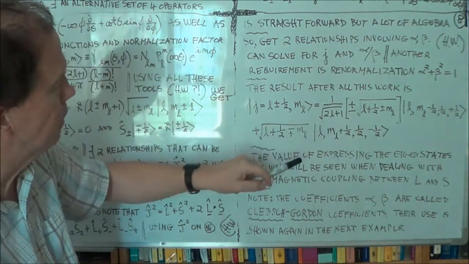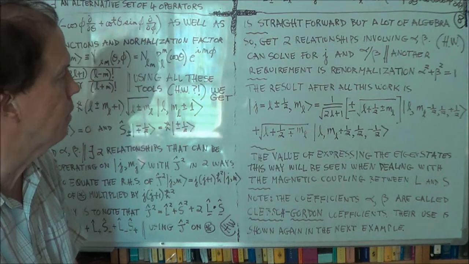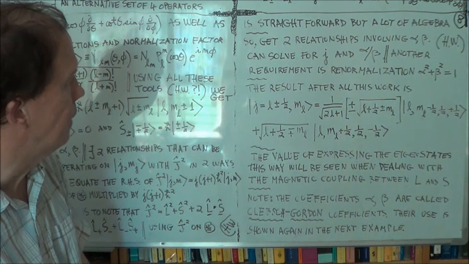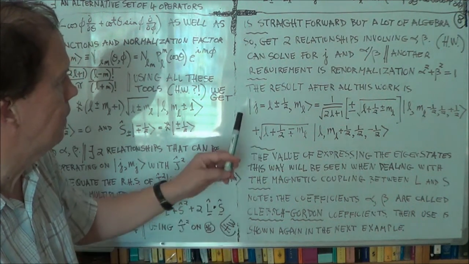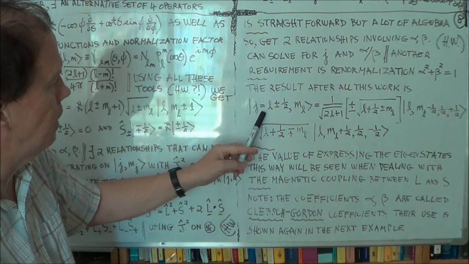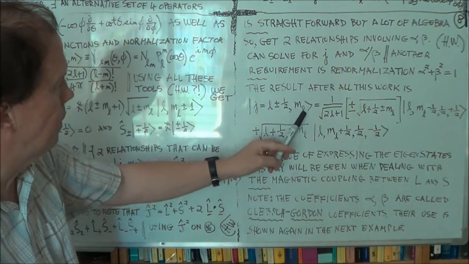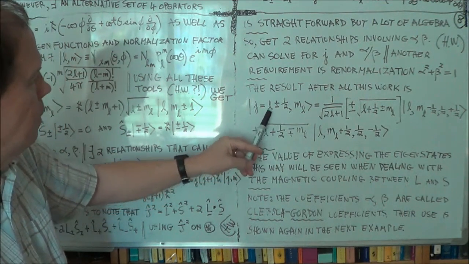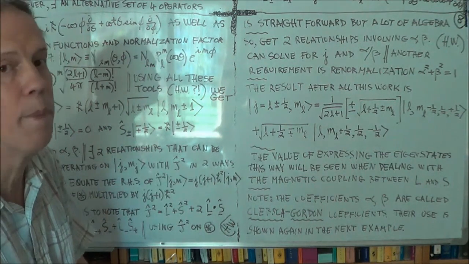Now we have terms for, that's your alpha and that's your beta. Right? You've now solved for alpha and beta. And your J ends up being L plus or minus a half. Right? So you've solved for your J.